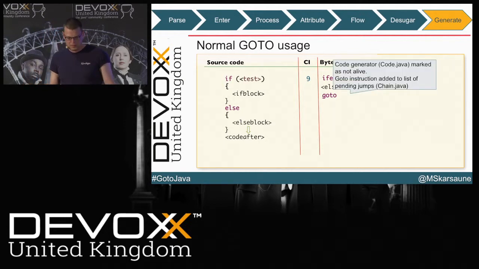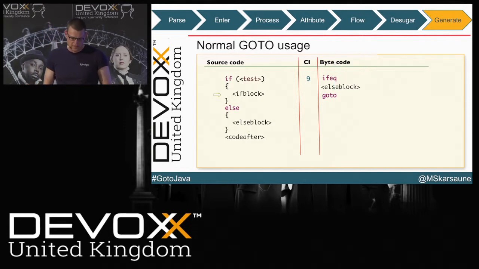And at this point, there's a helper class called Code. It's marked as not alive because, as an optimization, if the if branch is dead, we don't really need to do a goto. Then execution could just follow. And also, this goto is added to a list of pending jumps because we do not yet know the location. And now we enter the if block.